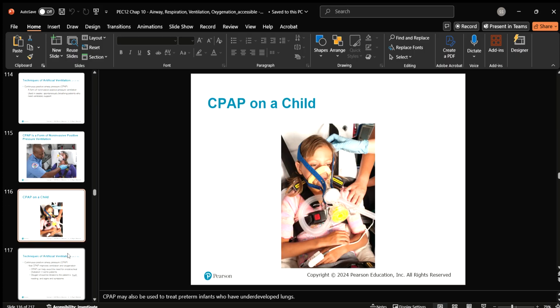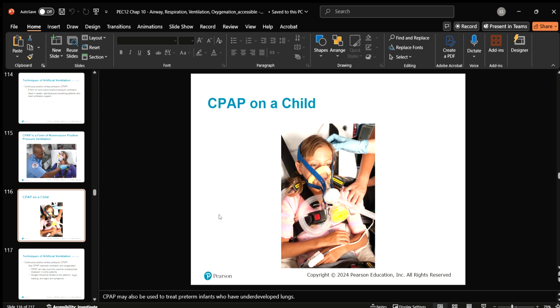Here's one on a child. This is a great photo. Just look at her real quick. What do you see in her face? Just drained. She's tired. When you put a CPAP on a patient, actually, let me back up.